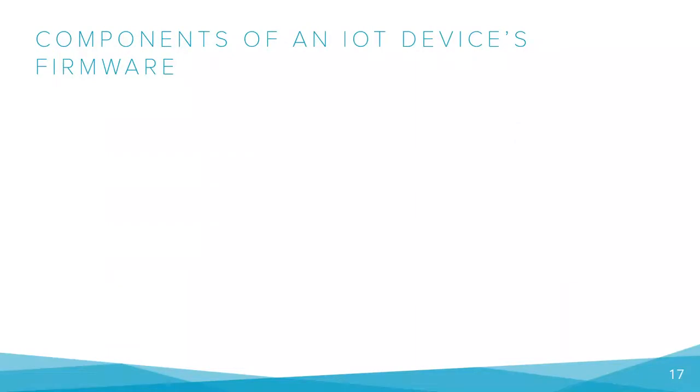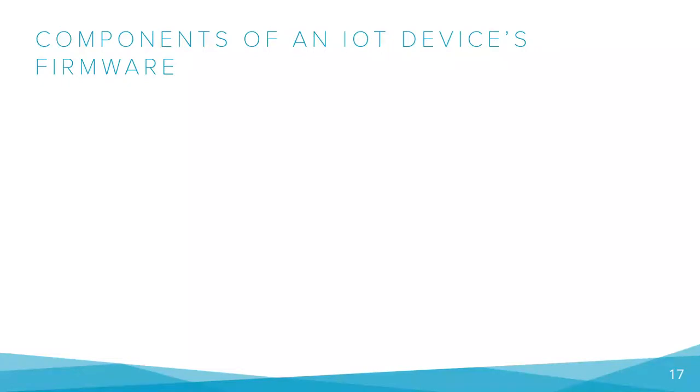IoT devices transmit and receive data over the internet, and currently most IoT devices are connected wirelessly. So when designing your next IoT device, one very important aspect that must be taken into consideration is the process of updating the firmware of the IoT device.